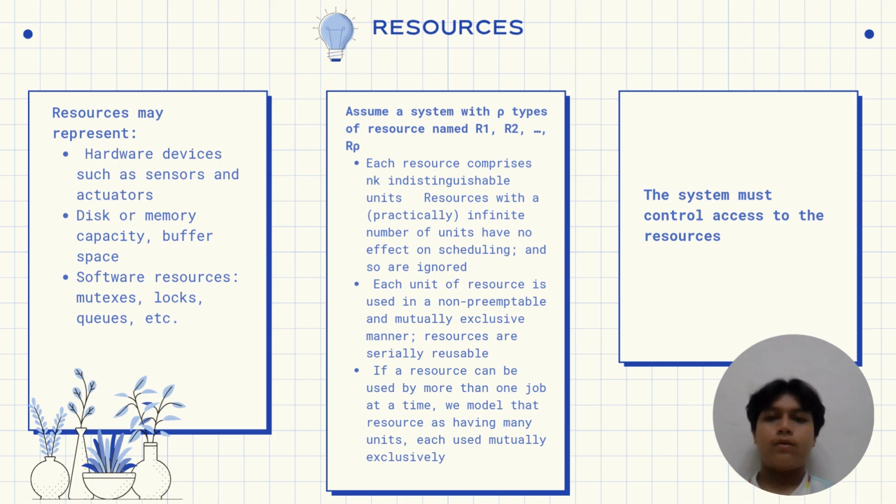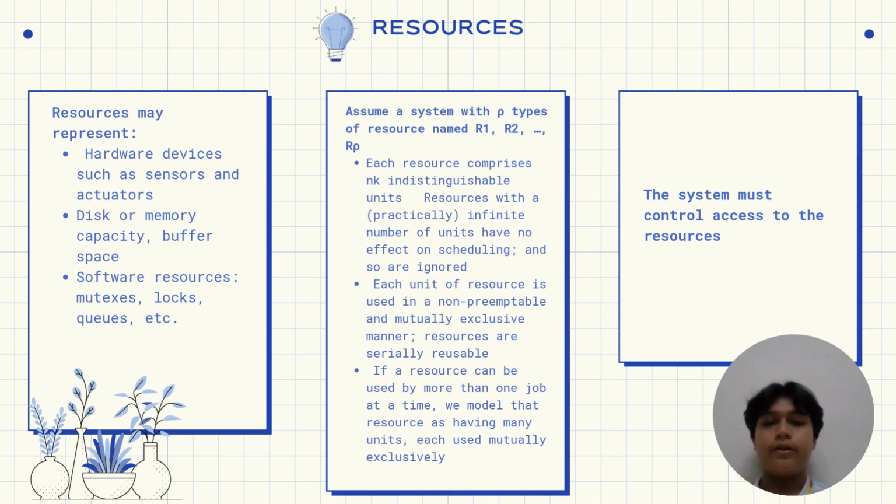And then let's assume a system with a number of types of resource. Each resource comprises indistinguishable units. So a resource with an infinite number of units has no effect on scheduling. Each unit of resource is used in a non-preemptible and mutually exclusive manner.